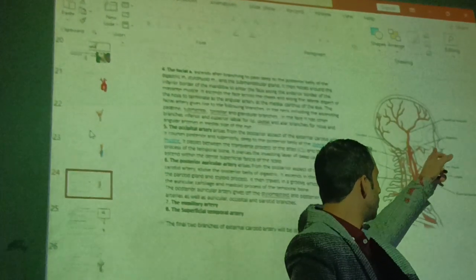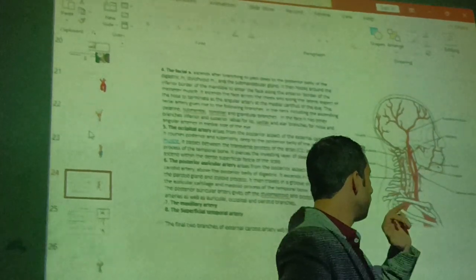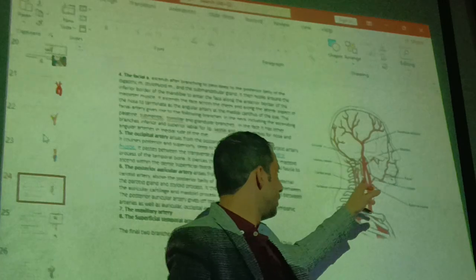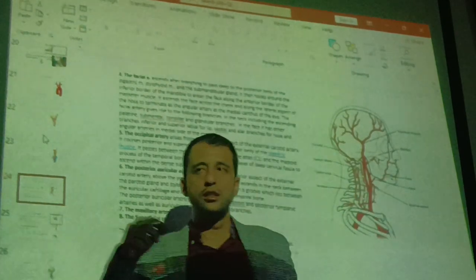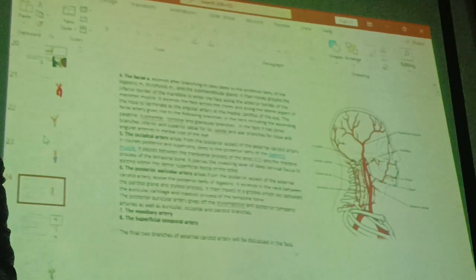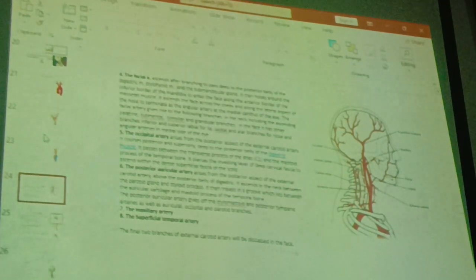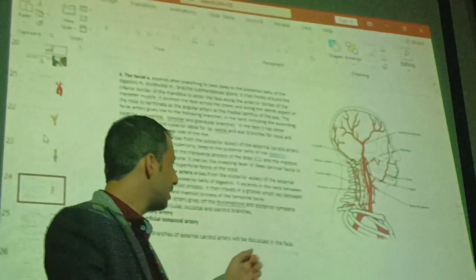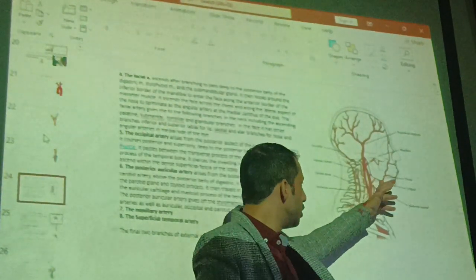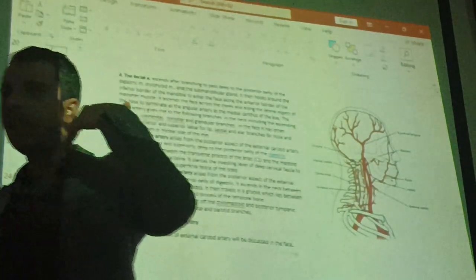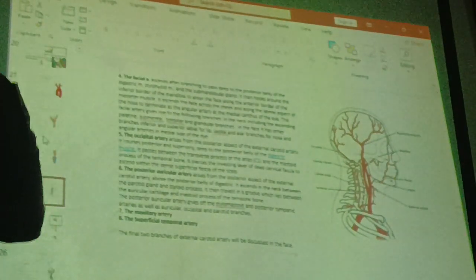Look at the facial artery. The facial artery travels to arrive at the depths of the posterior belly of the digastric muscle, and then travels anteriorly to cross the superficial area of the submandibular gland.